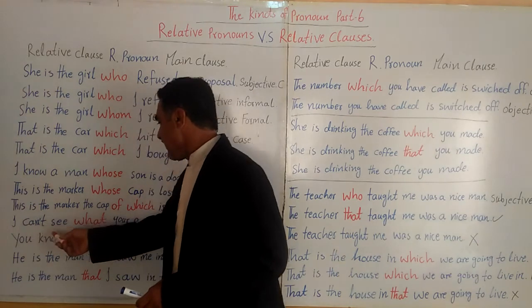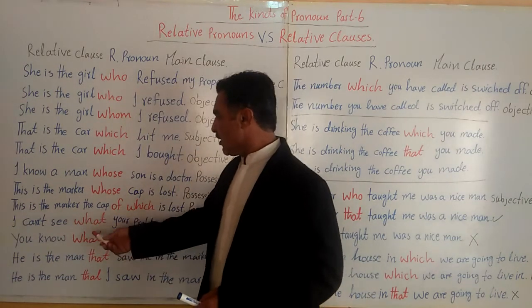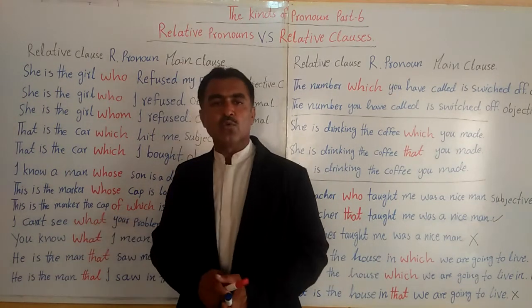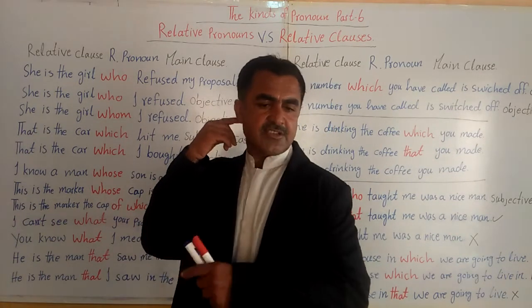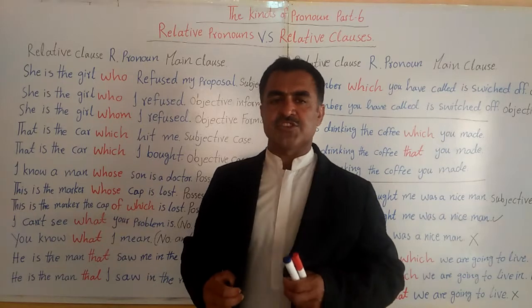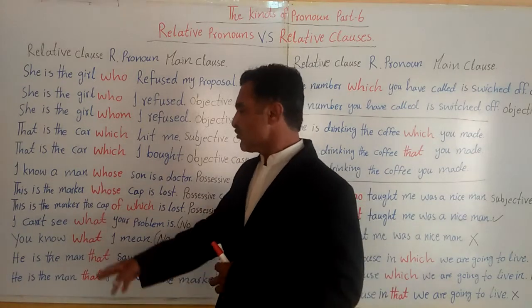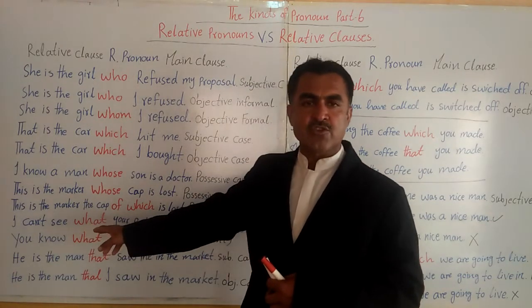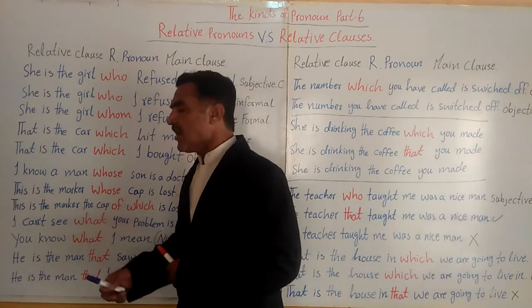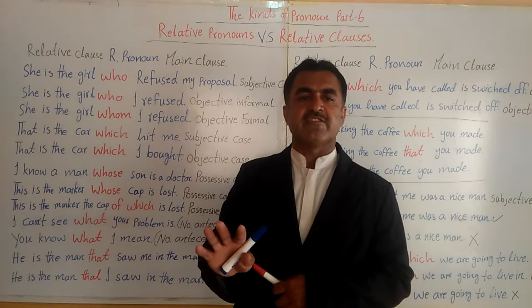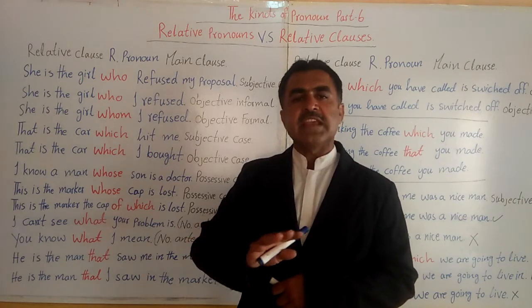Now when it comes to the pronoun what, as on the other hand it's a WH word for asking questions, but it is also used as a relative pronoun. But it has a problem: the pronoun what does not have antecedents.